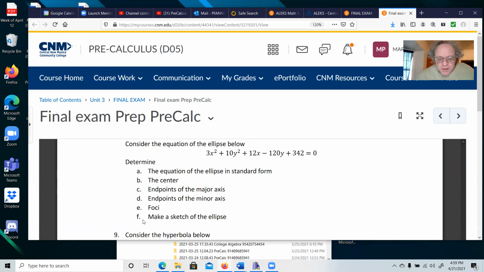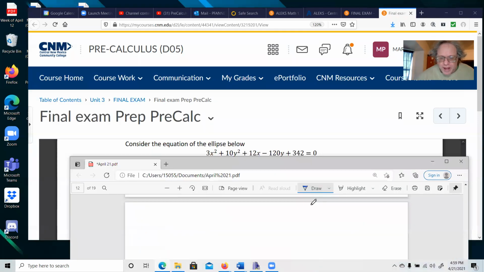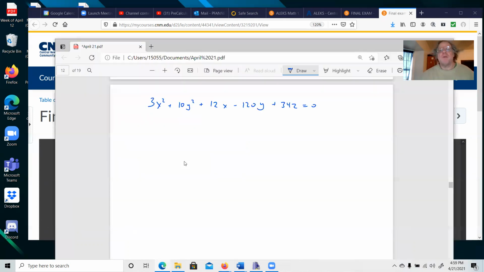All right. So the first thing I'm going to do is write this thing down. We have 3x squared plus 10y squared plus 12x minus 120y plus 342 is equal to 0. Now, what we want to do here is something called completing the square.